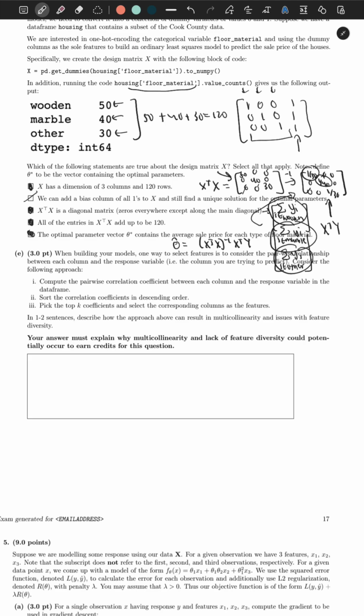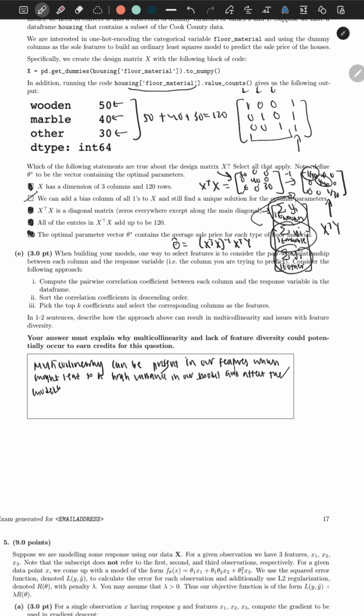So we can say that for multicollinearity, it can be present in our features, which might lead to a high variance in our model and affect the model's performance on unseen data, such as the test set.